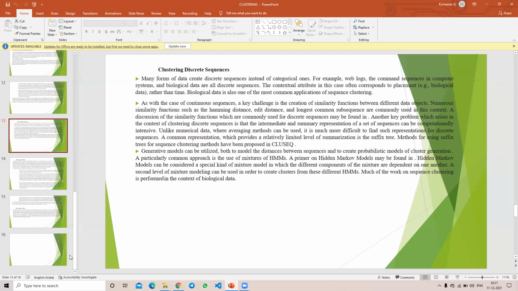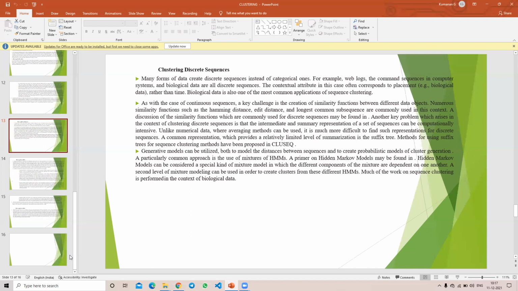Hidden Markov models can be considered a special kind of mixture model in which the different components of the mixture are dependent on one another. A second level of mixture modeling can be used in order to create clusters from these different hidden Markov models.